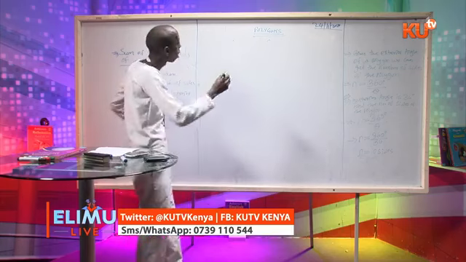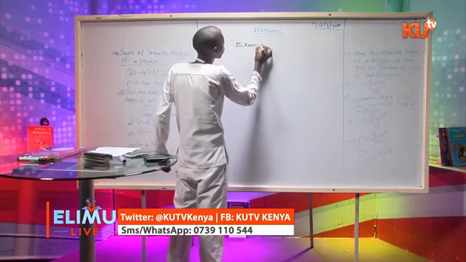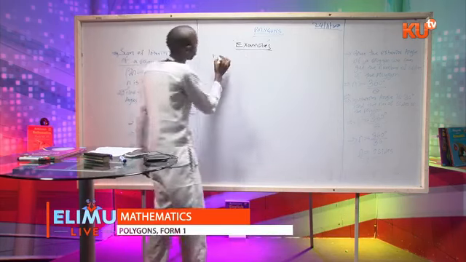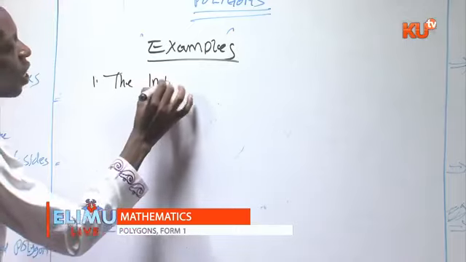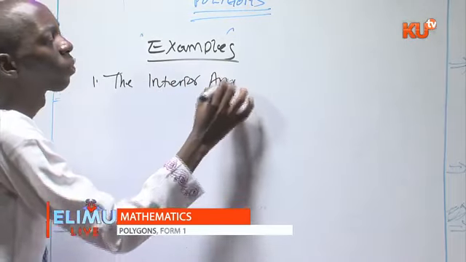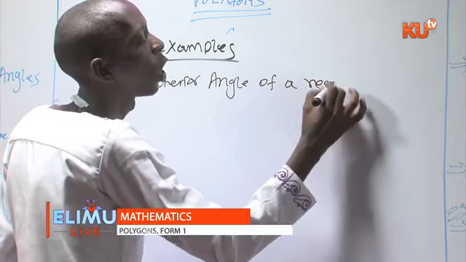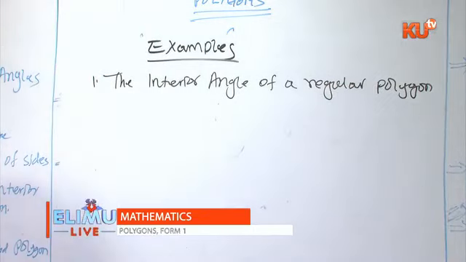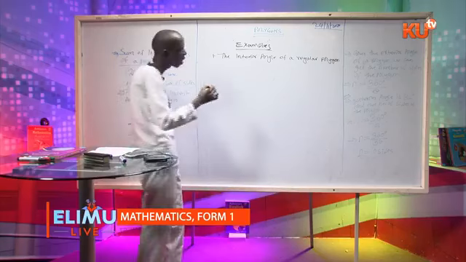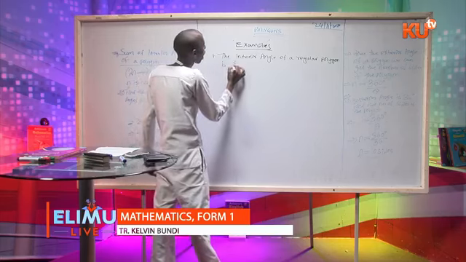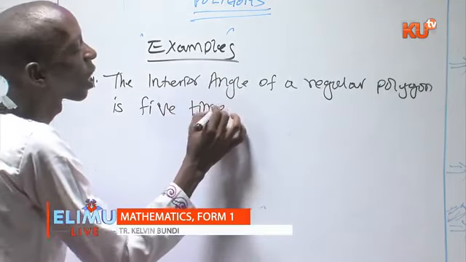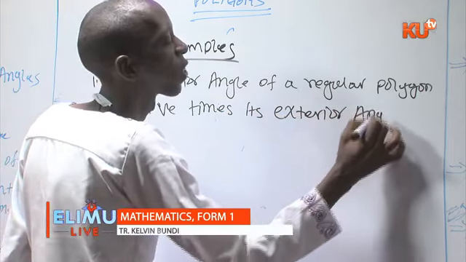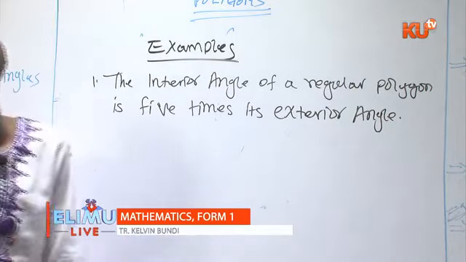Example 1. The interior angle of a regular polygon is 5 times its exterior angle.